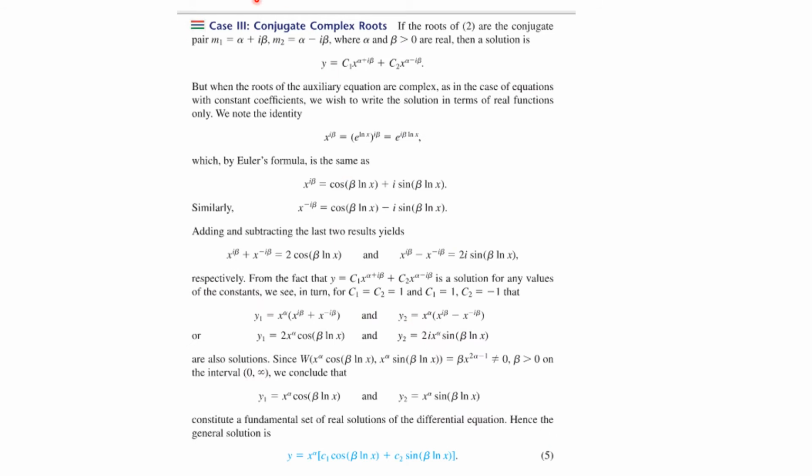We have one more case, and that's where we have conjugate complex roots. So we're going to say m1 is equal to alpha plus i beta, and m2 is equal to alpha minus i beta.